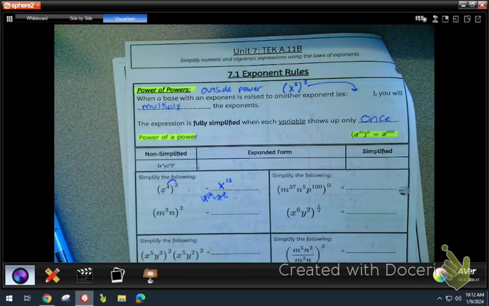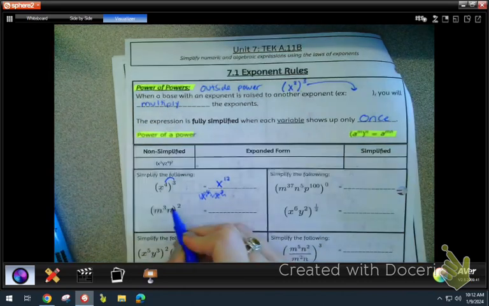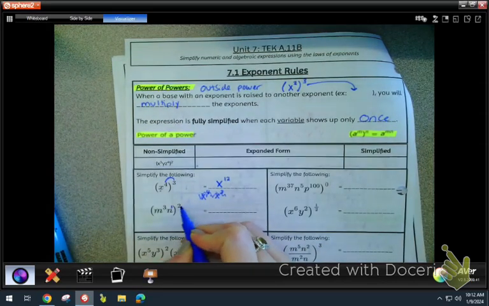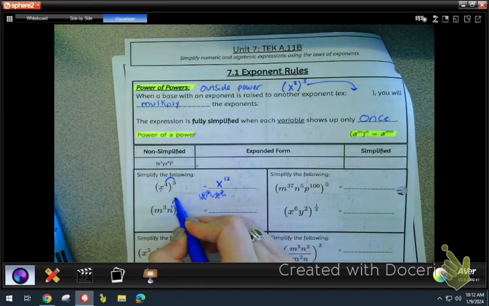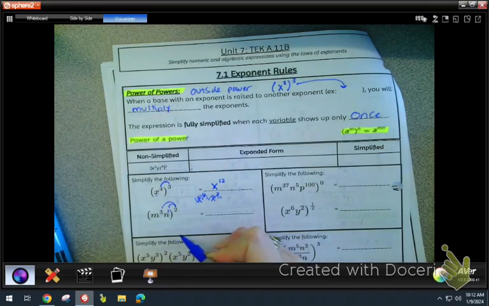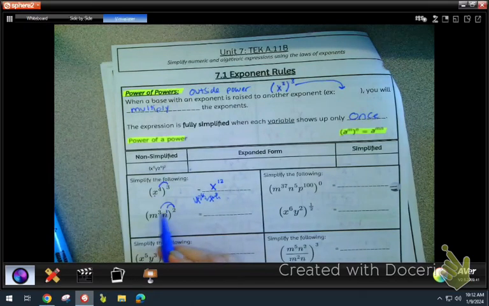This one, m to the 3rd, n to the, what's n's exponent? 1. Give that a 1. And then we have an outside power of 2. Well, what am I going to do with that outside power? Multiply it. Bring it into all the exponents. So how many exponents did I bring it into, Zane? 2.